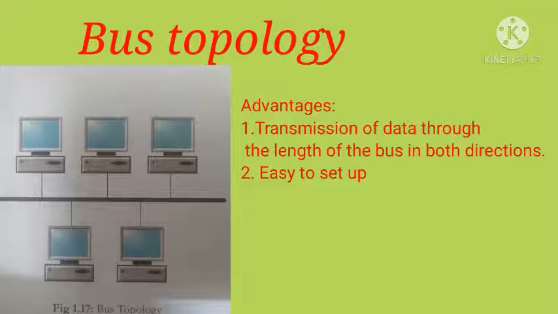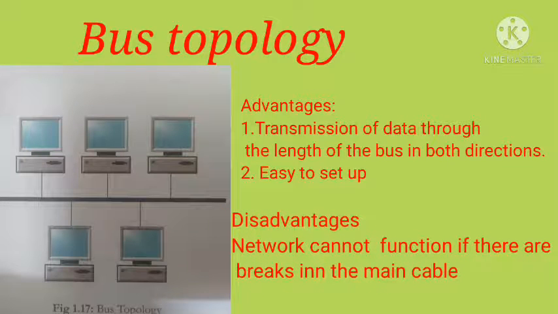The advantage of a bus topology is that the data is transmitted throughout the length of the bus and the computers which need the data accept them, otherwise they are rejected. Also, it is easy to be set up. It has some disadvantages also. One of them being that if there is a break in the main cable, the whole network cannot function.